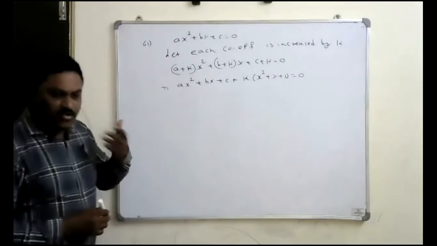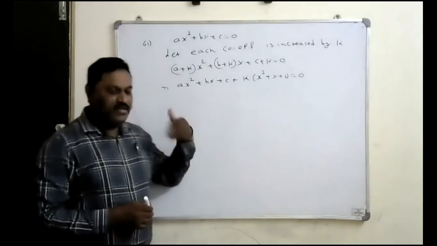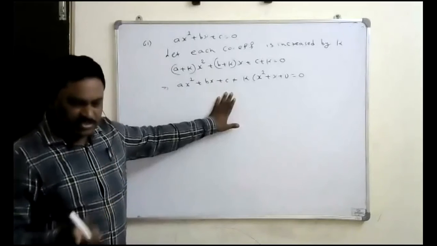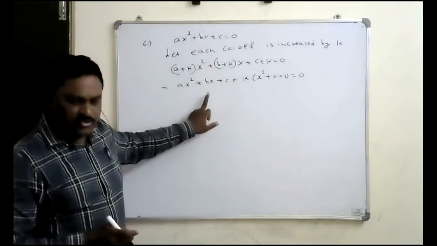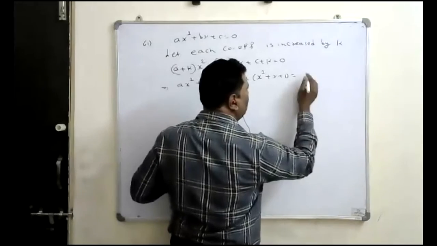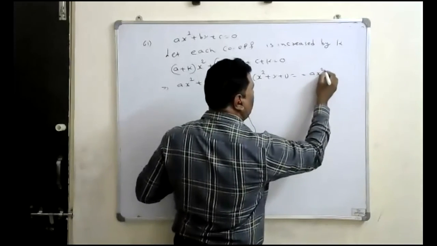Okay. So even if I increased each coefficient by k units, this equation is not going to change. This means it is also equivalent to ax square plus bx plus c only.